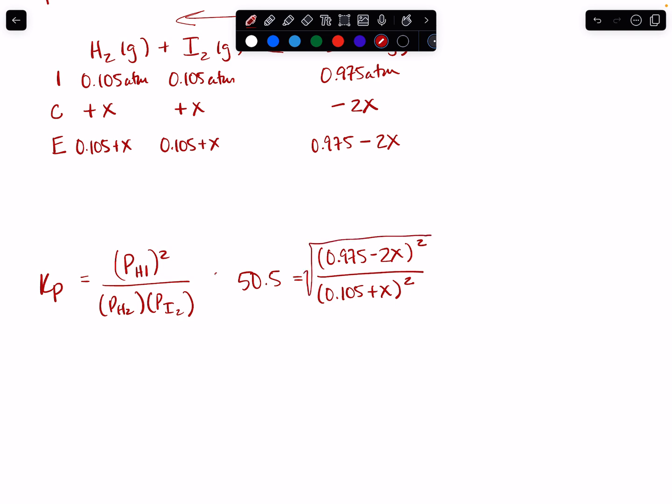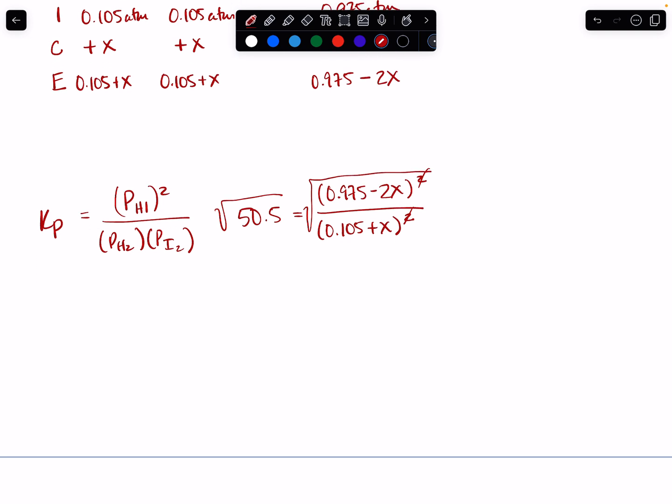So what we can do is square root both sides. So that's going to take care of those, which is going to make our math a lot easier. All right, so the square root of 50.5 is 7.11. That's going to be equal to 0.975 minus 2x divided by 0.105 plus x. So we need to multiply the 0.105 plus x to both sides.